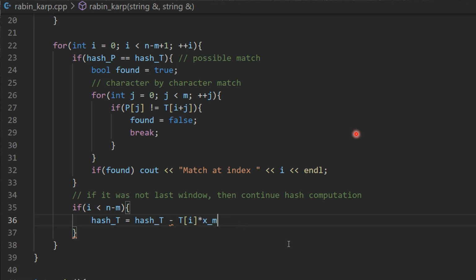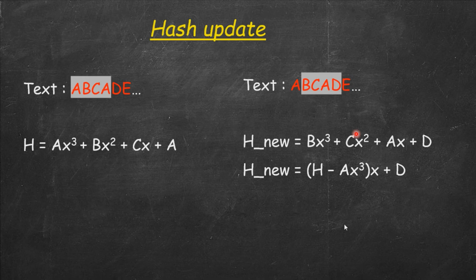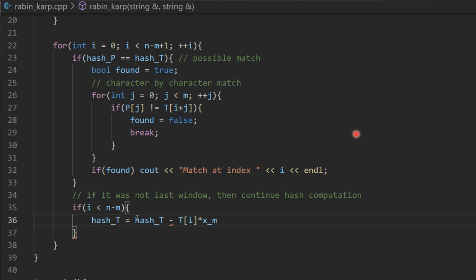So this is what we have done here, and now we multiply the whole thing with x, the same multiplier. So we are just following what we saw in the explanation. If at any point of time you are lost, go back to the slides, see how we calculated it, and then write your code accordingly.